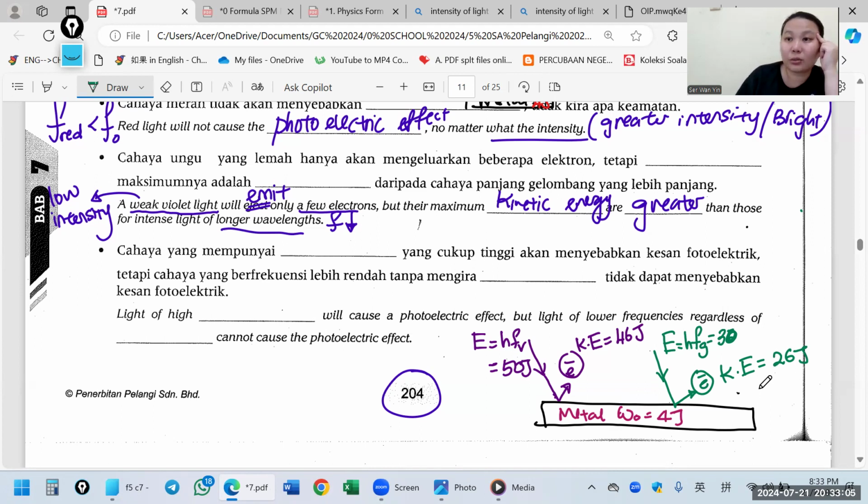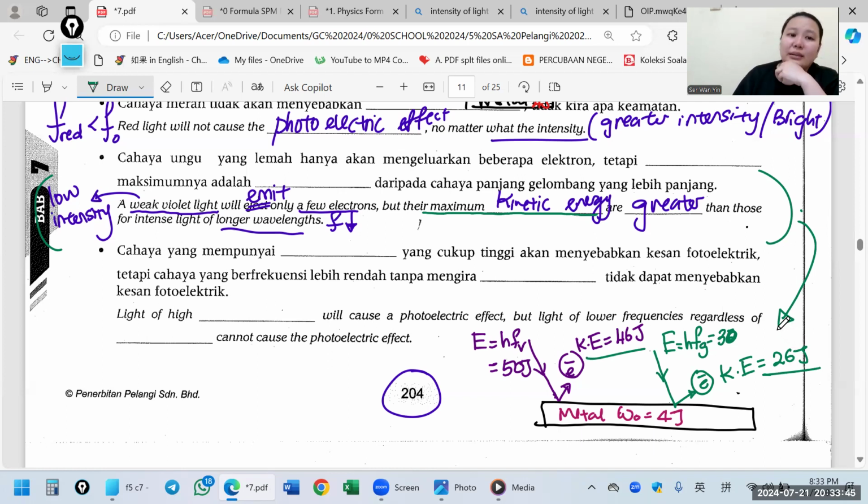Okay, so work function already fixed at 4 joules. So you have higher energy photon, means you have higher kinetic energy. So this is what they say here. Even weak violet light, very dim, low intensity, still has maximum kinetic energy greater than other light.